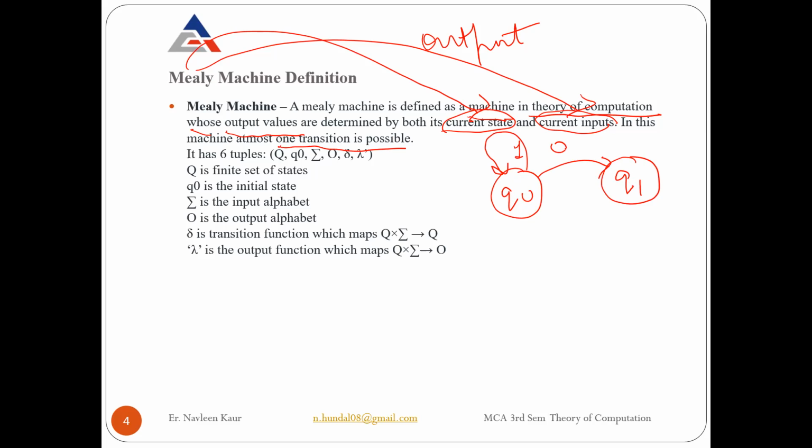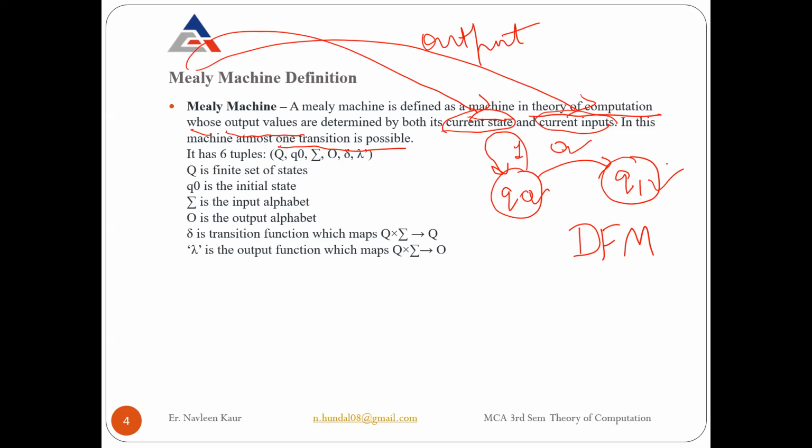So this machine is actually a deterministic finite automata, where on the basis of current state and what input you are giving to it, it will tell you what will be the next state. The next state will always be one and it is predetermined.